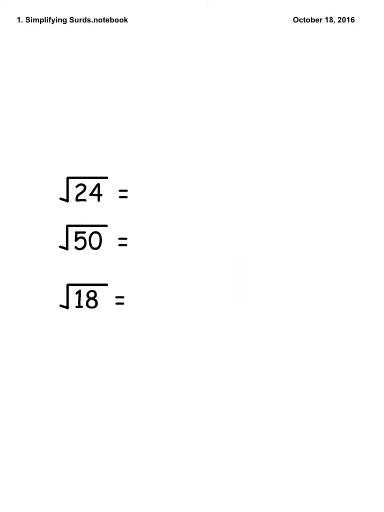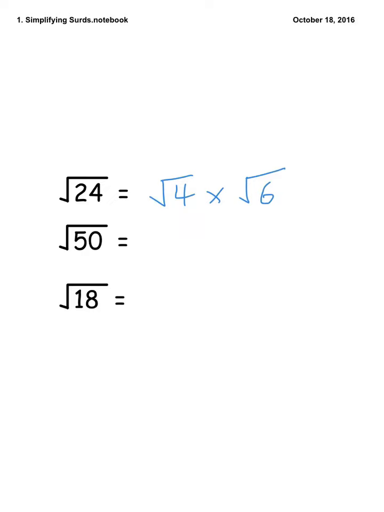In order to simplify surds, you need to split them into 2 component parts, one being a square number and one being the number that multiplies the square number to make the original number. So in the first case, a square number that divides into 24 is 4. The number you would have to multiply 4 by to make 24 is 6.